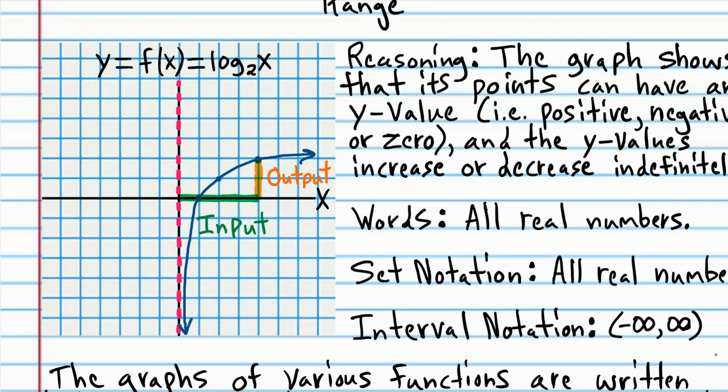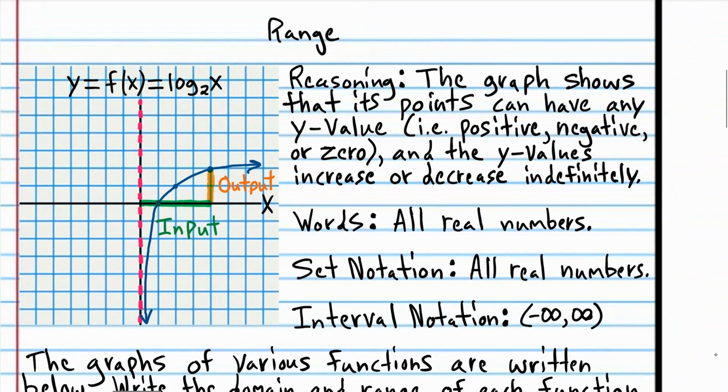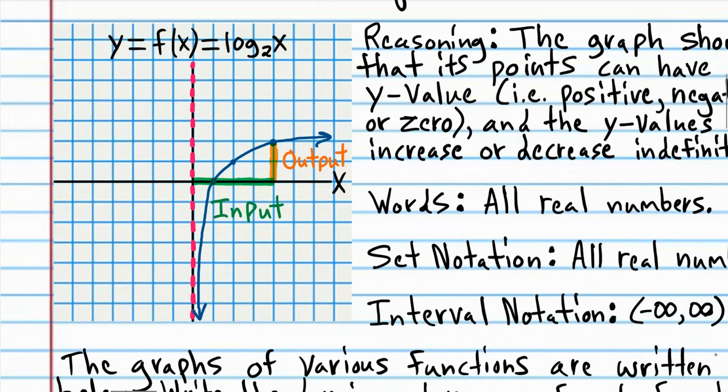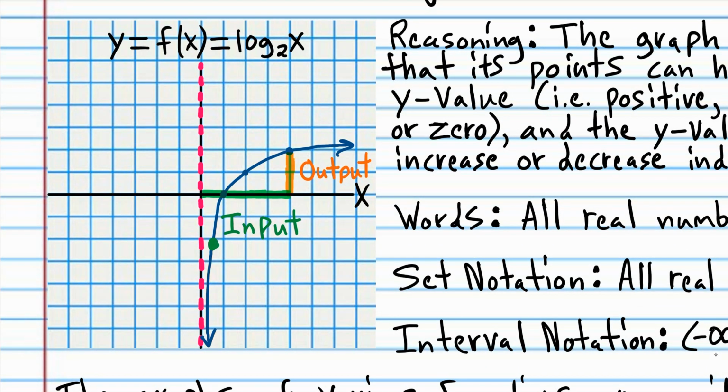So we can find the domain looking at the graph, but we can also find the range. As you can see, the graph keeps going down, down, down, down, and it never stops. So any negative number is part of the range of the function. Because if you look at the points on the graph, down here, the points have negative y values that just get smaller and smaller.